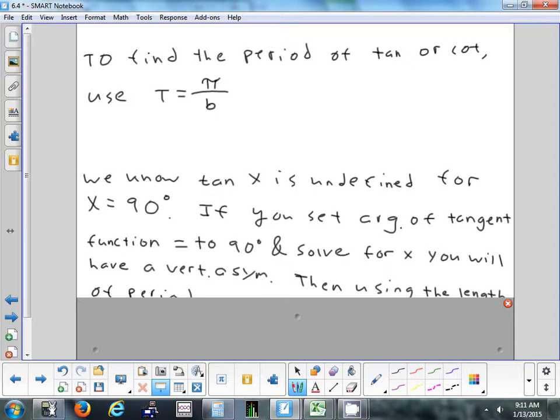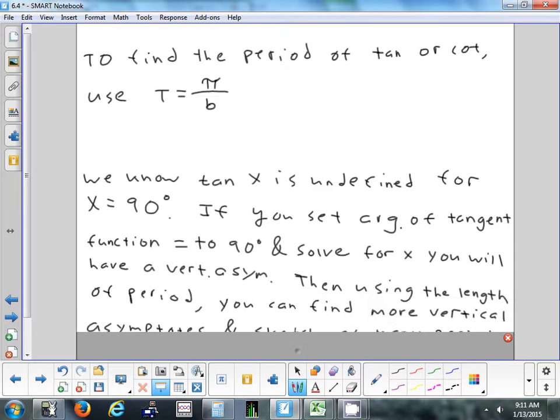If you can find a value for x that forces that argument to be 90, you just found a value for x that makes an asymptote. Then once you have one asymptote, that's your starting point. Use your formula, find your period, and then you can add or subtract that period as many times as you want to find more asymptotes.